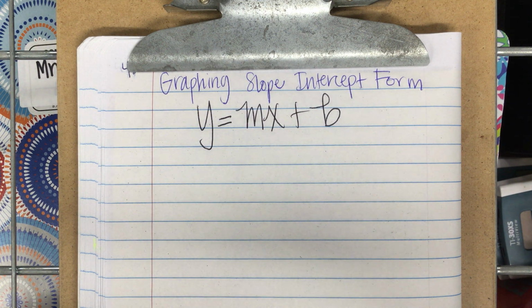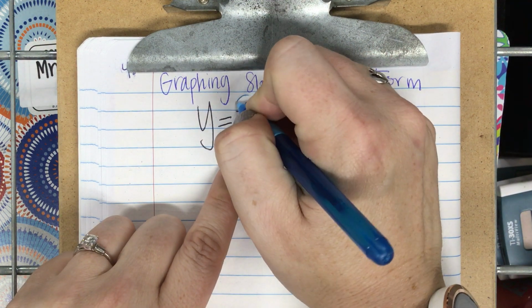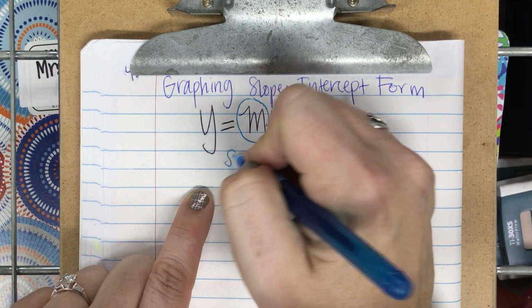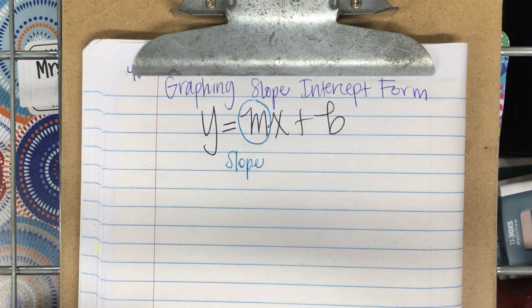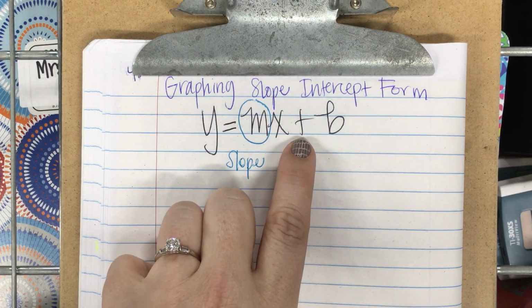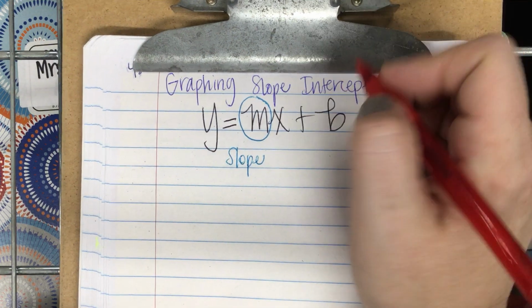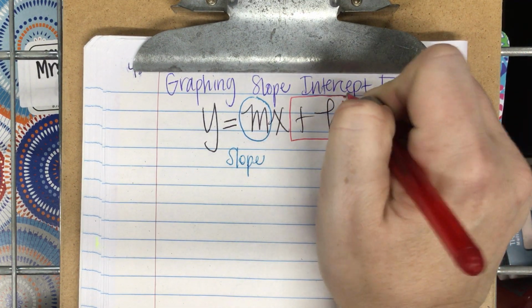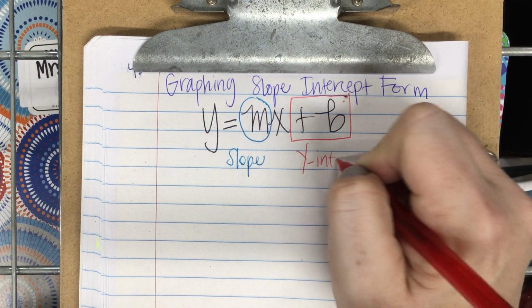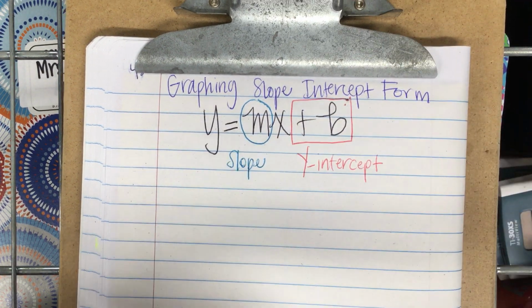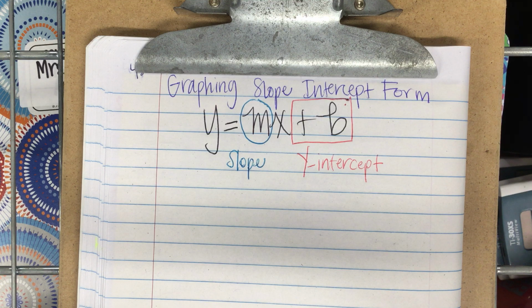Y equals mx plus b, where m is your slope, and the plus or minus b is the y-intercept. M is your slope, the coefficient of x is the slope, and the constant, the plus or minus number, is your y-intercept.